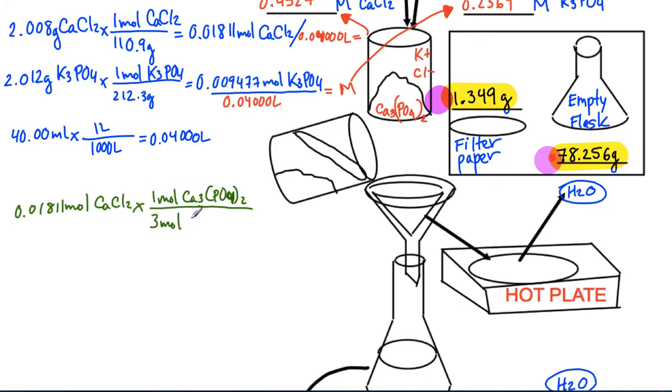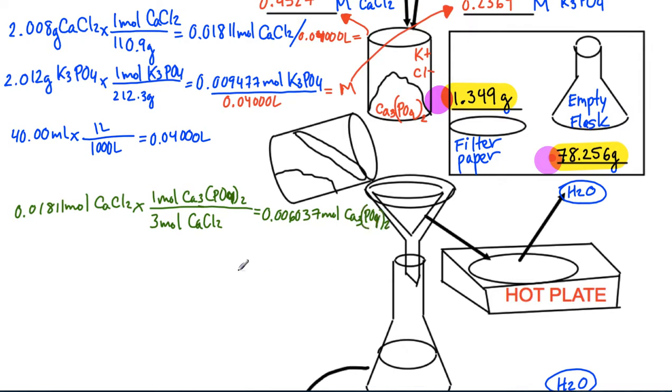This is in a 1:3 ratio. What we will get is 0.006037 moles of calcium phosphate.